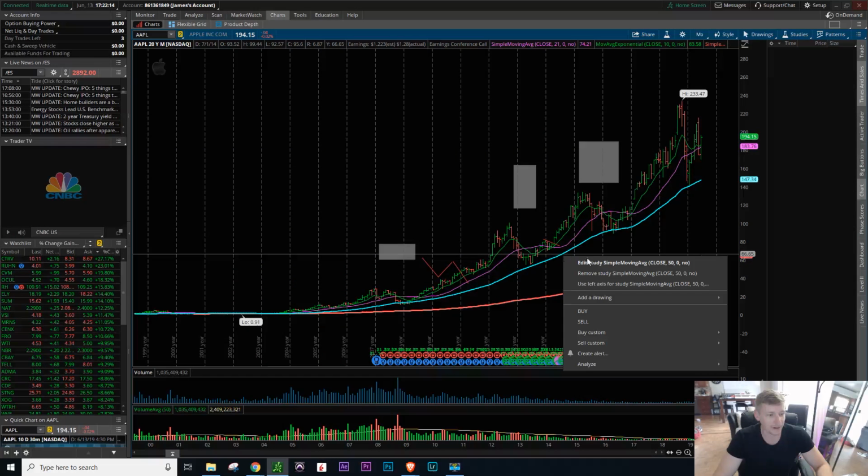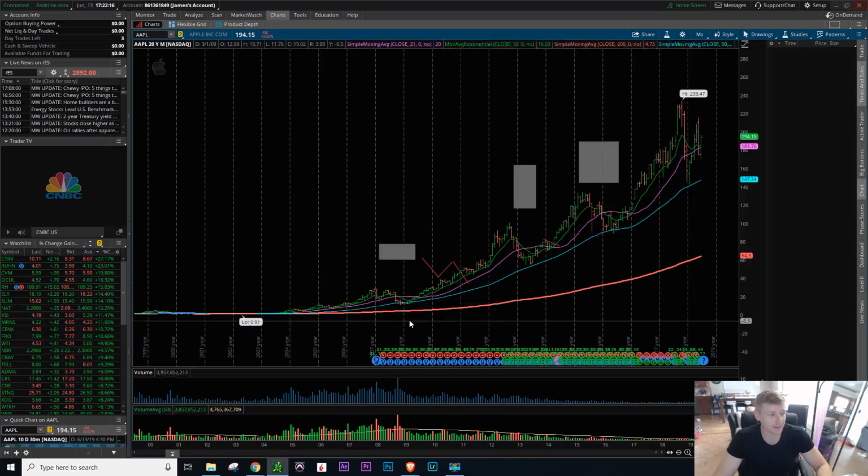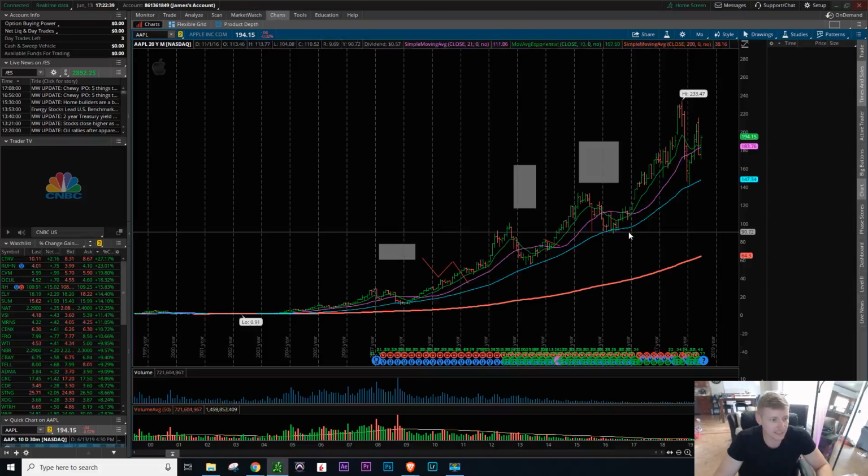The 50 period simple moving average gets bought up here way back in 2009, then in 2013, 14, around there. It hits it again in 2016, 17, 18, and then this is 19.